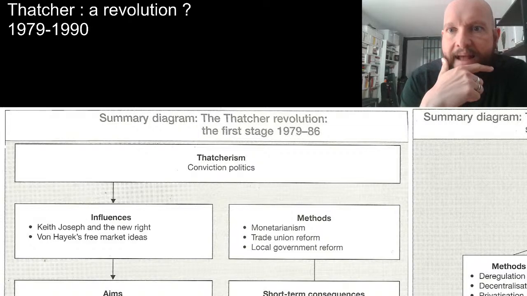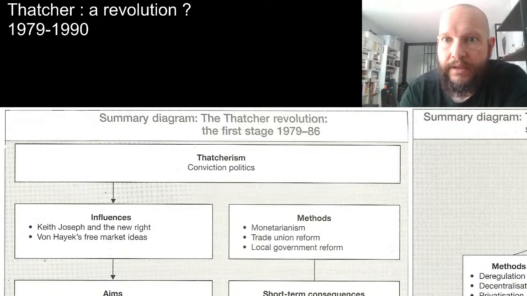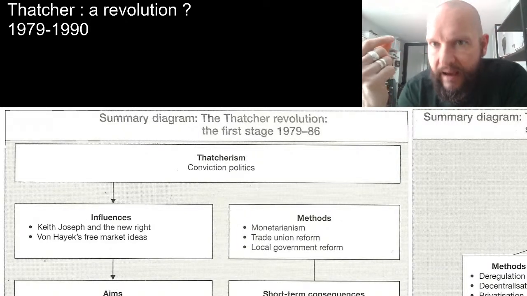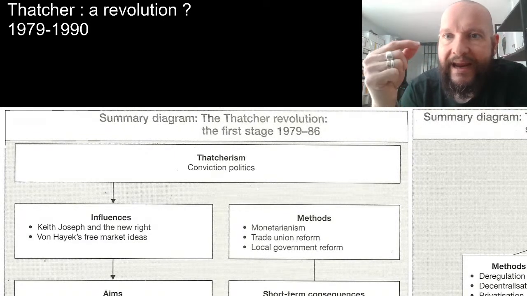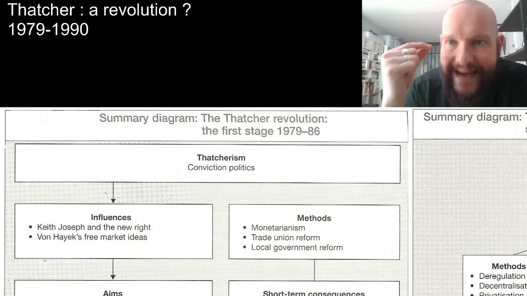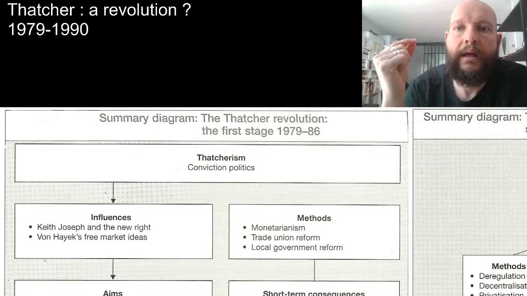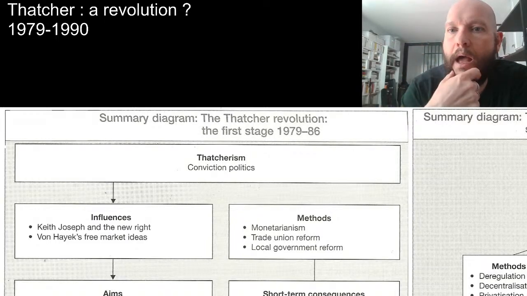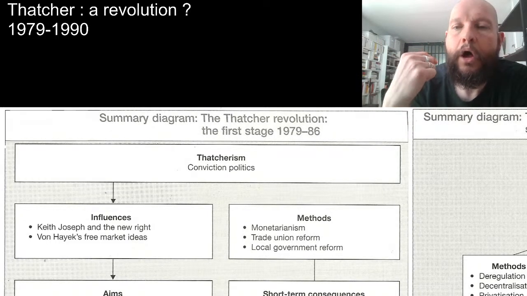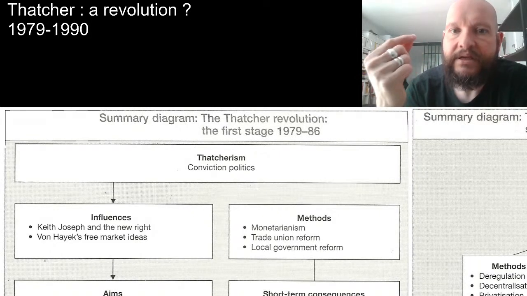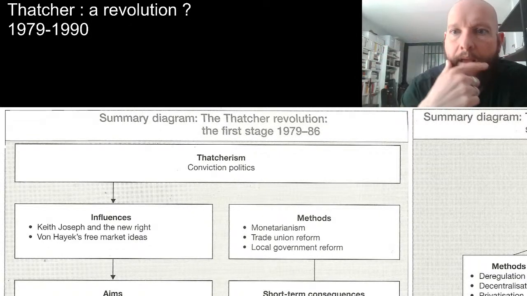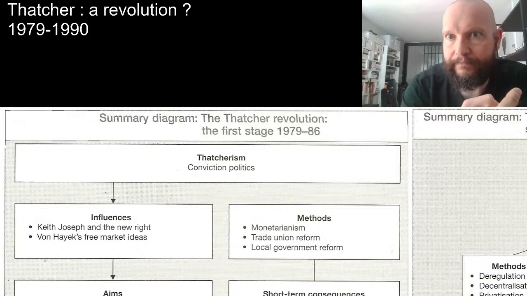What I mean is that maybe that was a revolution actually. She came to power with very clear intentions and very clear statements on what she aimed to do. And that she did it.